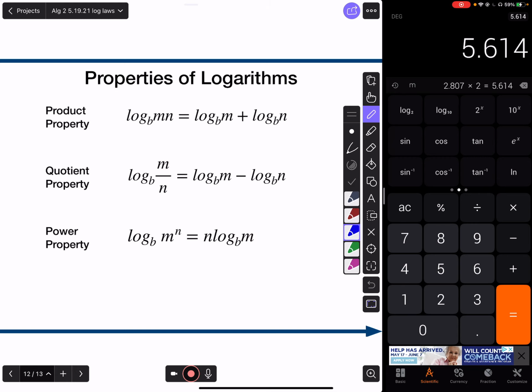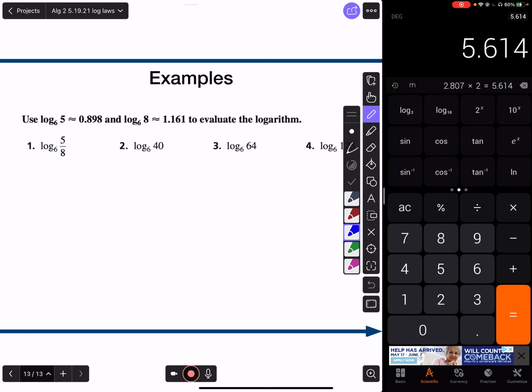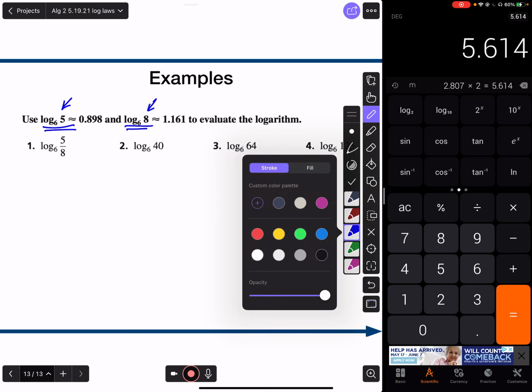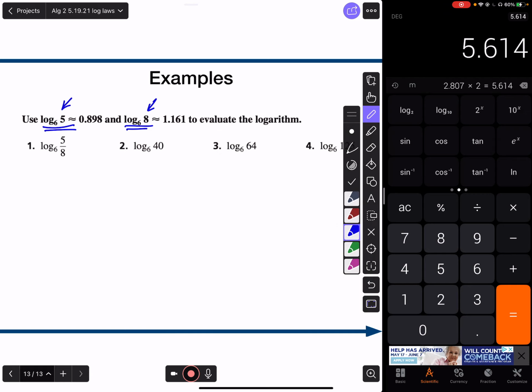The last examples here. There's a summary of the laws: product, quotient, and power. And then our last slide is just a few examples. This time we know log base 6 of 5 and log base 6 of 8. So we want to focus on writing these things as combinations of 5s and 8s. As soon as I see in this first problem this division, I'm going to rewrite that as a subtraction.